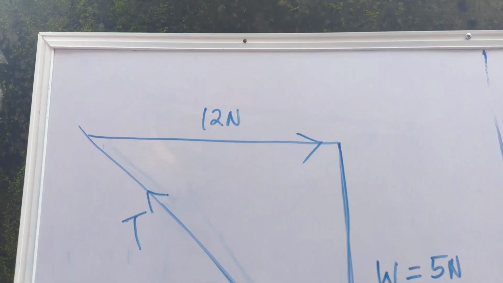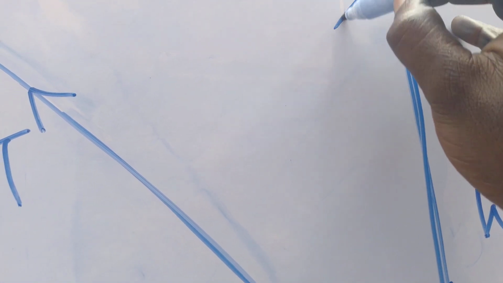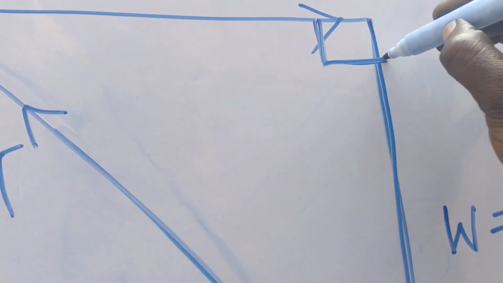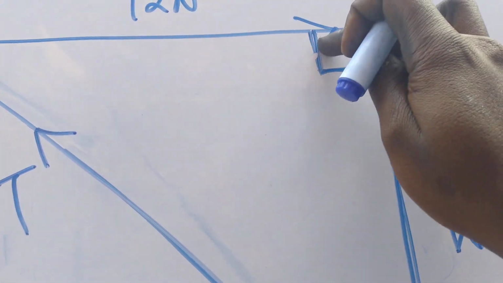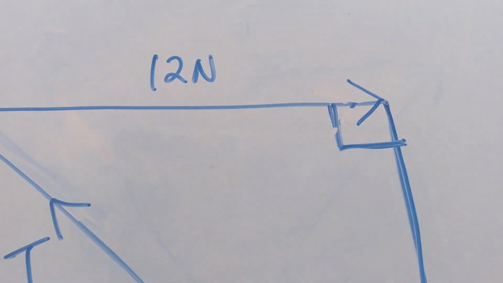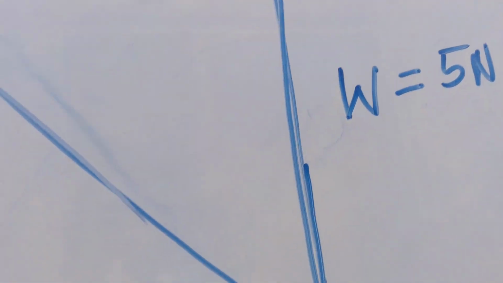So I'll have something like this. I'm having this 90 degrees, and this is the head or the tip of this force. Then this is the tail of this other one. This is the tip.